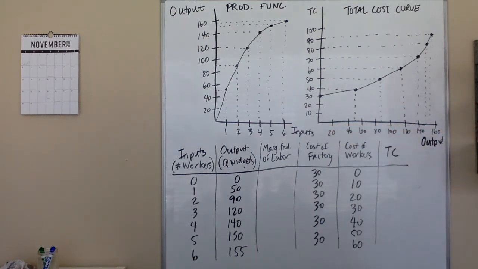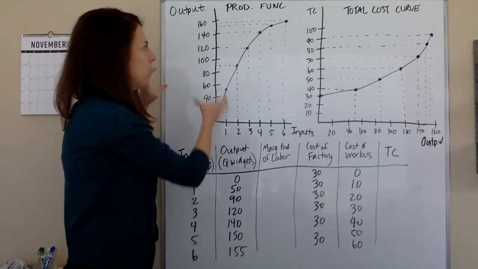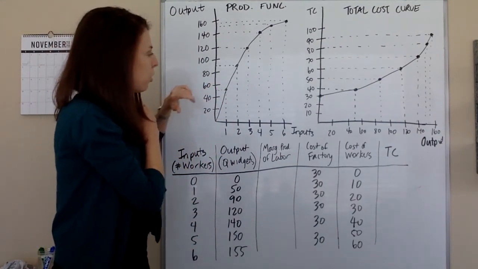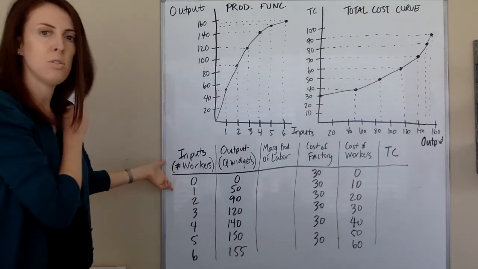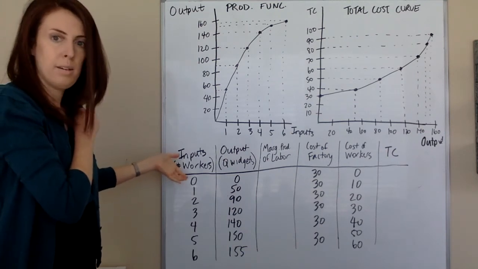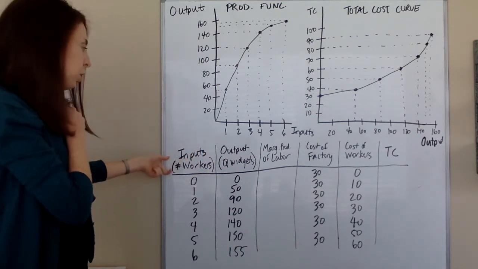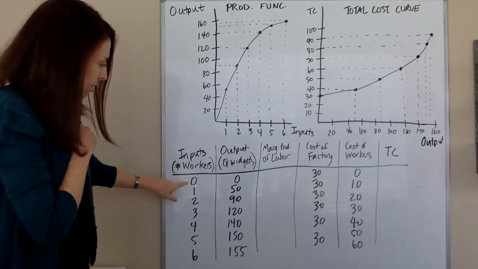Okay, what I'm going to have you do for this exercise is complete a table where the numbers from the table coincide with the pictures. In the first column of the table, we have inputs. Inputs are things that are used to make something. So workers are used to make output. And so the first column just has the number of workers.